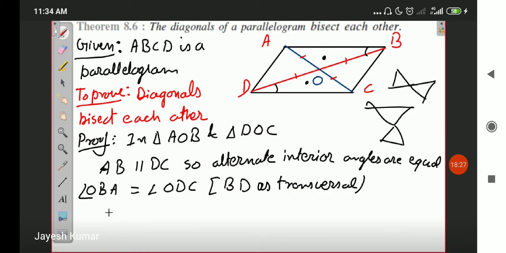And secondly, we will have angle OAB equal to angle OCD. This time we have taken AC as transversal.